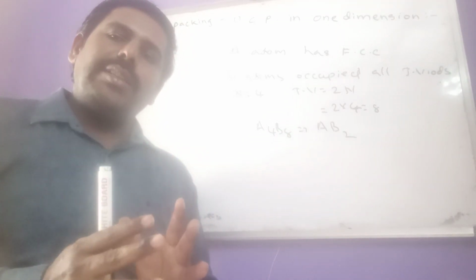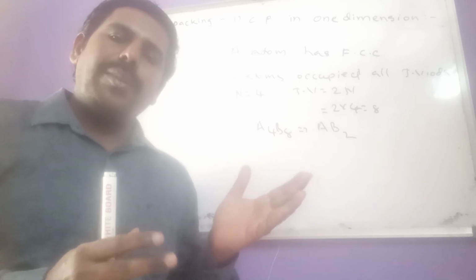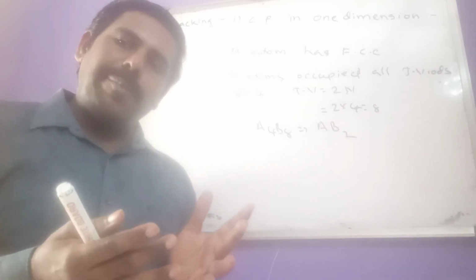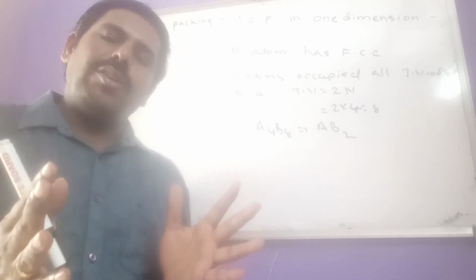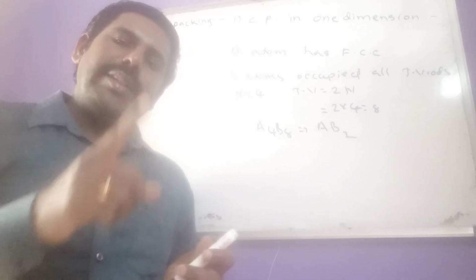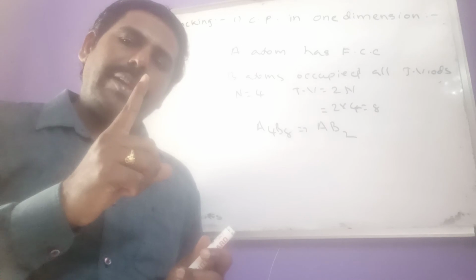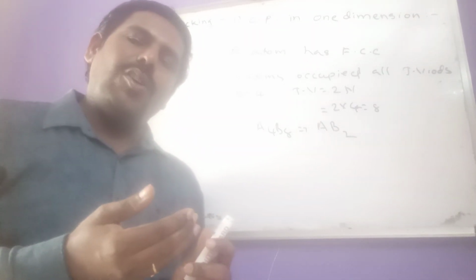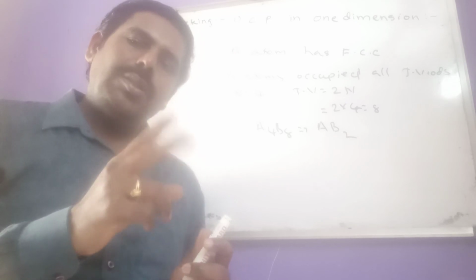Whatever the structure they have given for A, that means FCC or BCC or HCP or anything else, just consider A atom is 1, and tetrahedral voids, now how many will they become? 2.